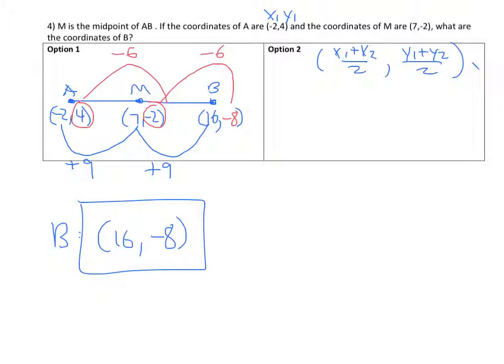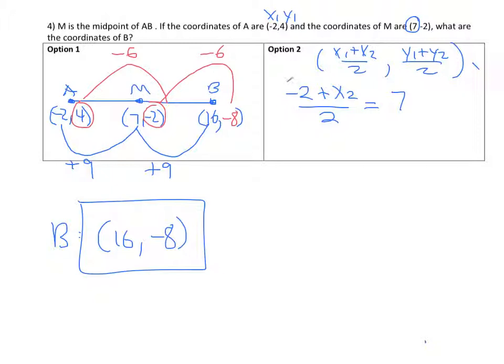So I make equations where x2 and y2 are my variables. I'm going to start with my x's. If I add -2 plus whatever x2 is, the x coordinate of point B, and I divide it by 2, I should get the x coordinate of the midpoint as my answer, which is 7. So I have an equation I can solve.